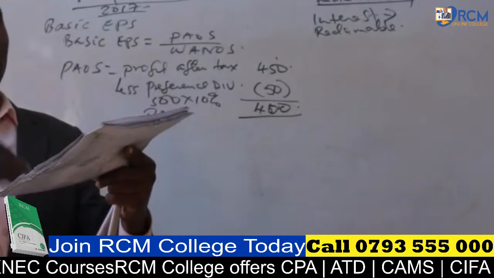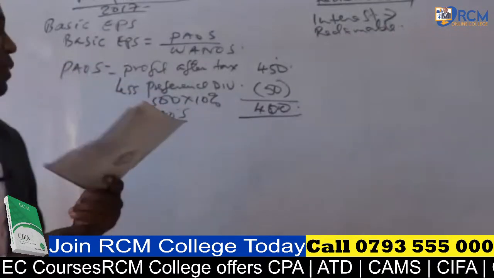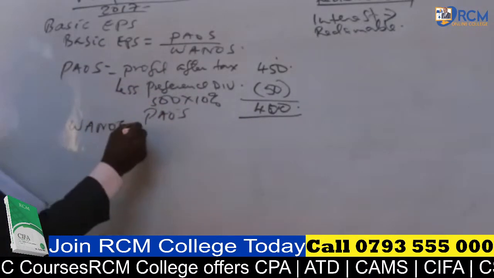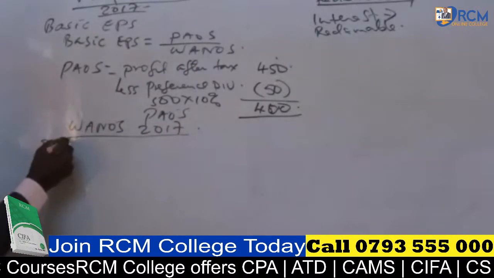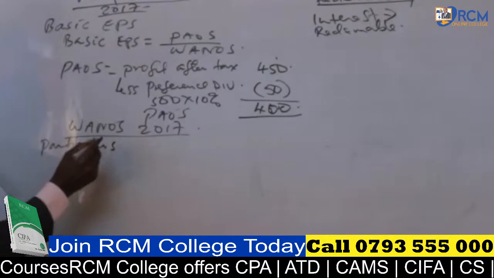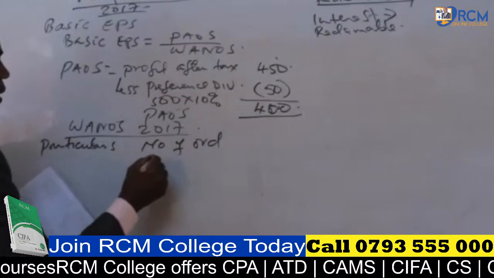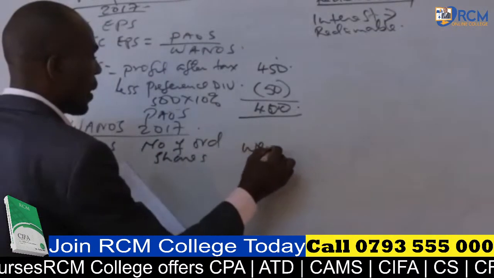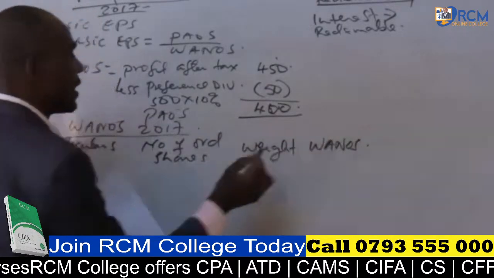Therefore, we put it in shares by dividing by the par value. Therefore, we say number of ordinary shares 2017. We say particulars, number of ordinary shares, then we say the weight. That is in 2017.